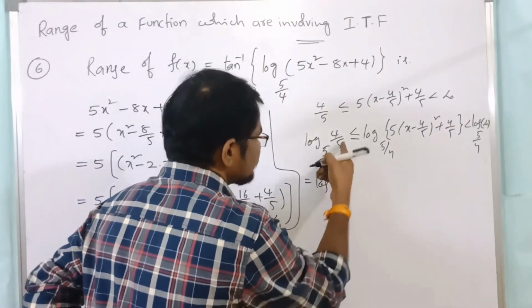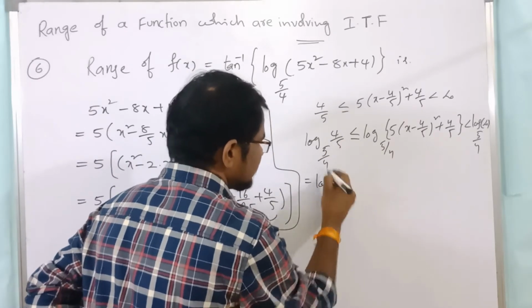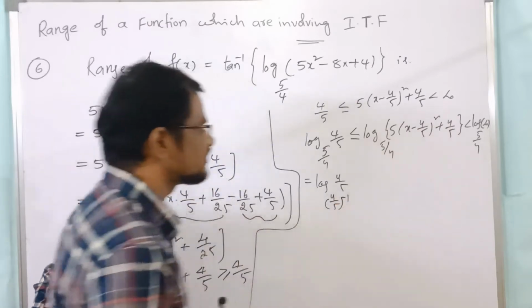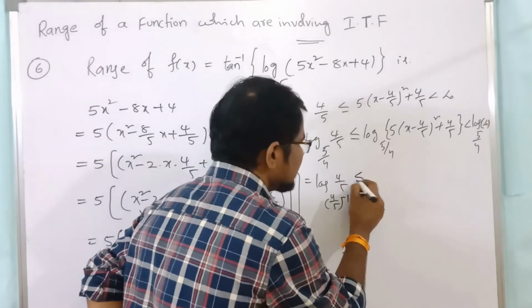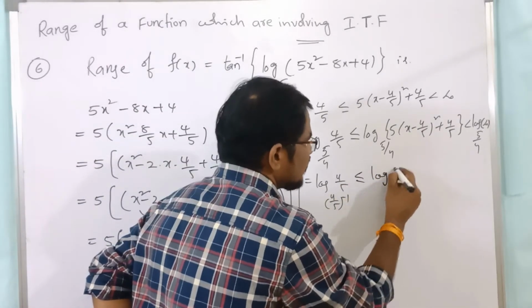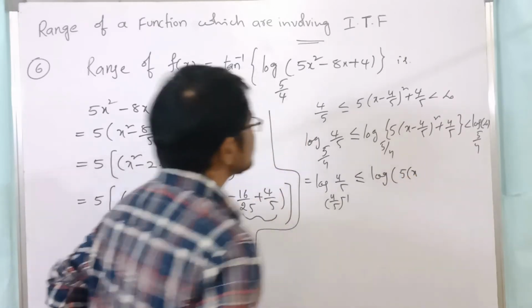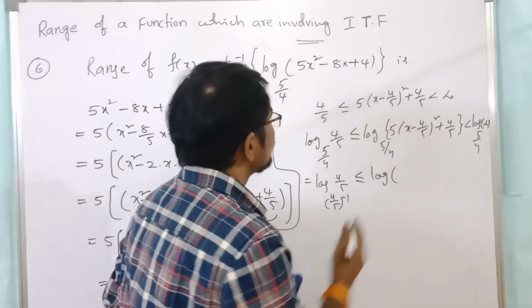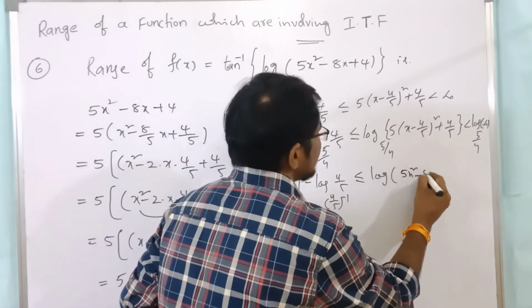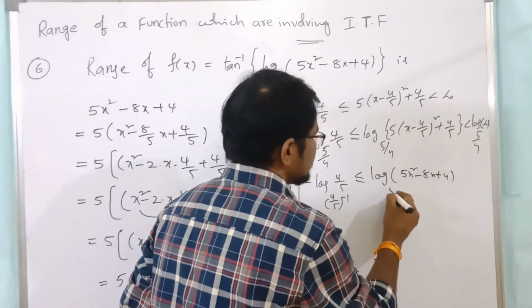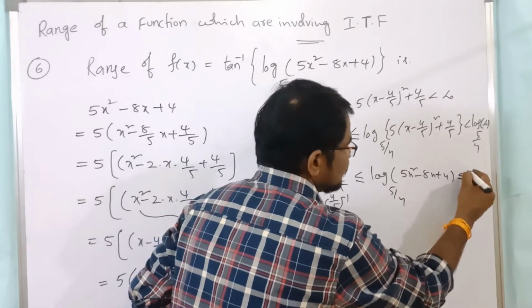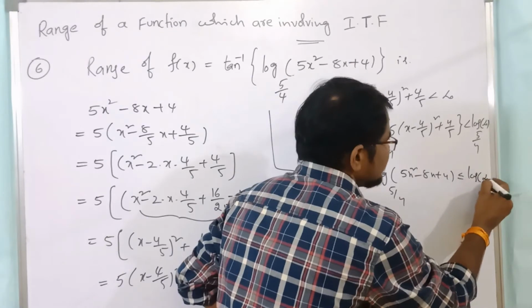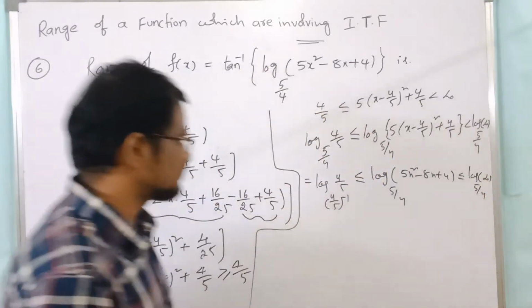So log of 4 by 5 with base 5 by 4, I will write as 4 by 5 whole to the power of minus 1, less than or equal to log of 5x square minus 8x plus 4 to the base 5 by 4, less than or equal to log of infinity to the base 5 by 4.